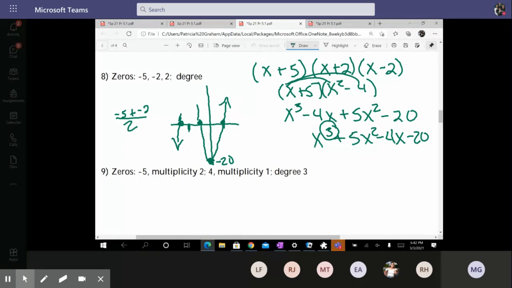So I'm finding the dead center between negative 5 and negative 2. So how do I find the midpoint between 2 other points? Okay, add them together and divide by 2. But will it always be the first 2? It's going to be the 2 that I want to find out. Like if I didn't know this was negative 20, I'd be using these 2. Okay, all right, find that midpoint.